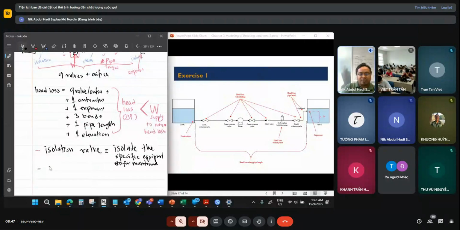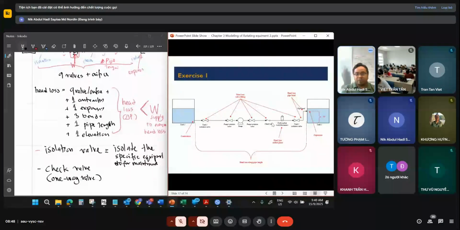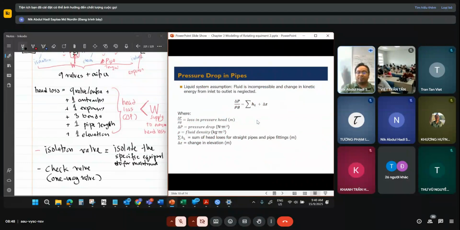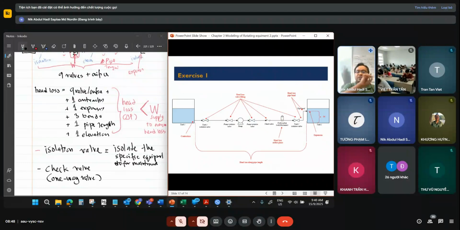The second one is the check valve, or we call it a one-way valve, which is located at this part. We use the check valve to make sure that the flow does not go back into the pump.